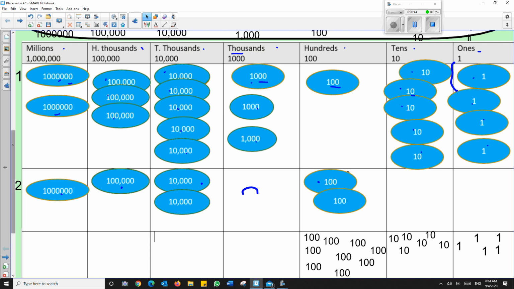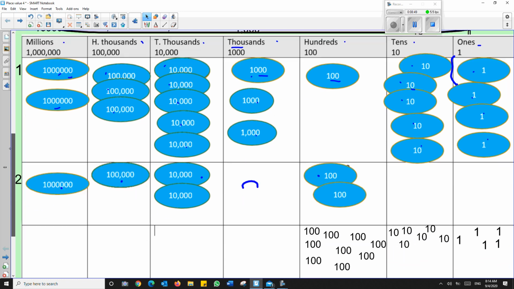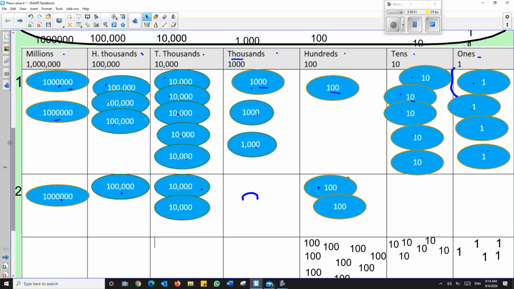How many thousands are there in the number? 4 thousands. Put 4 thousands in the thousands column.